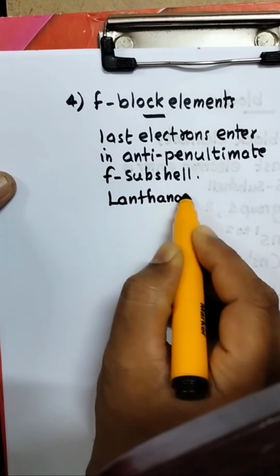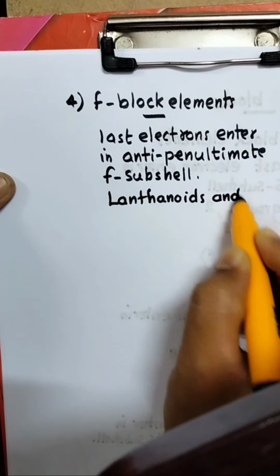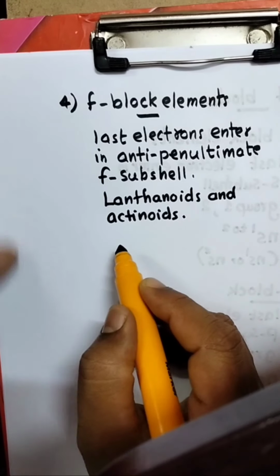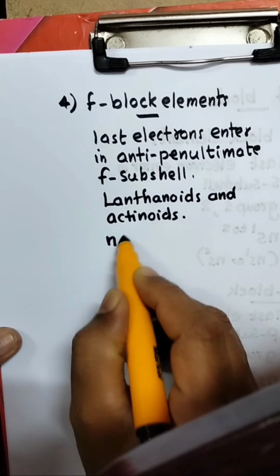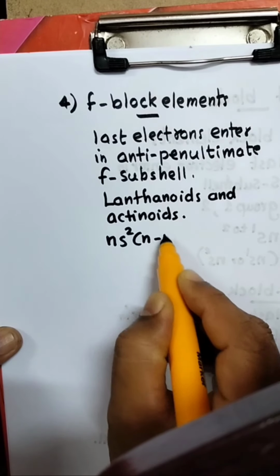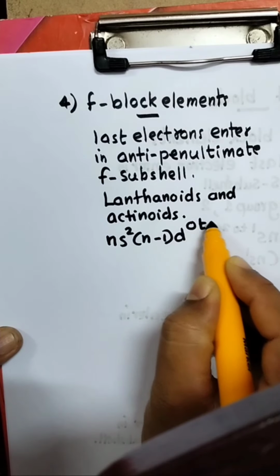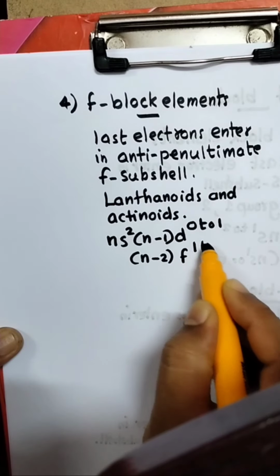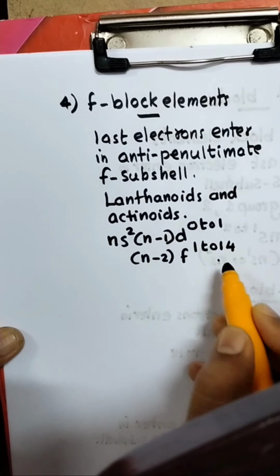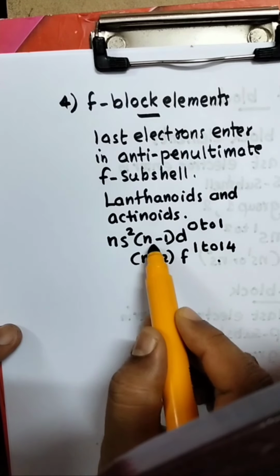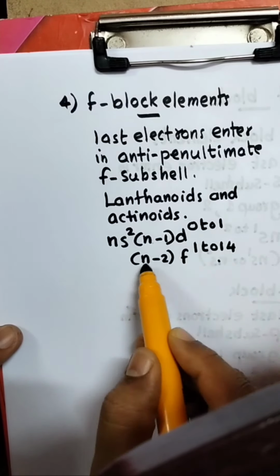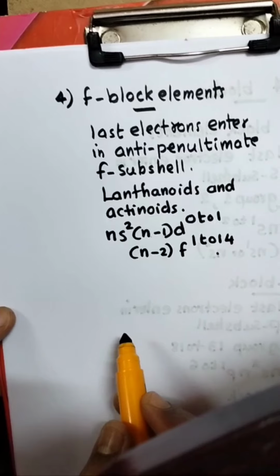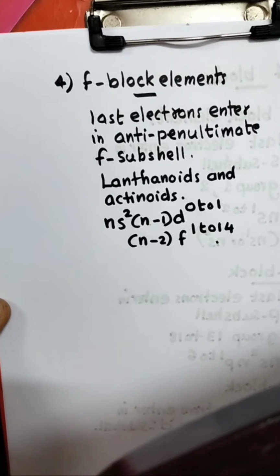Their general electronic configuration is ns2 (n-1)d0 to 1 (n-2)f1 to 14. These are the four blocks of elements: S block, P block, D block and F block elements.